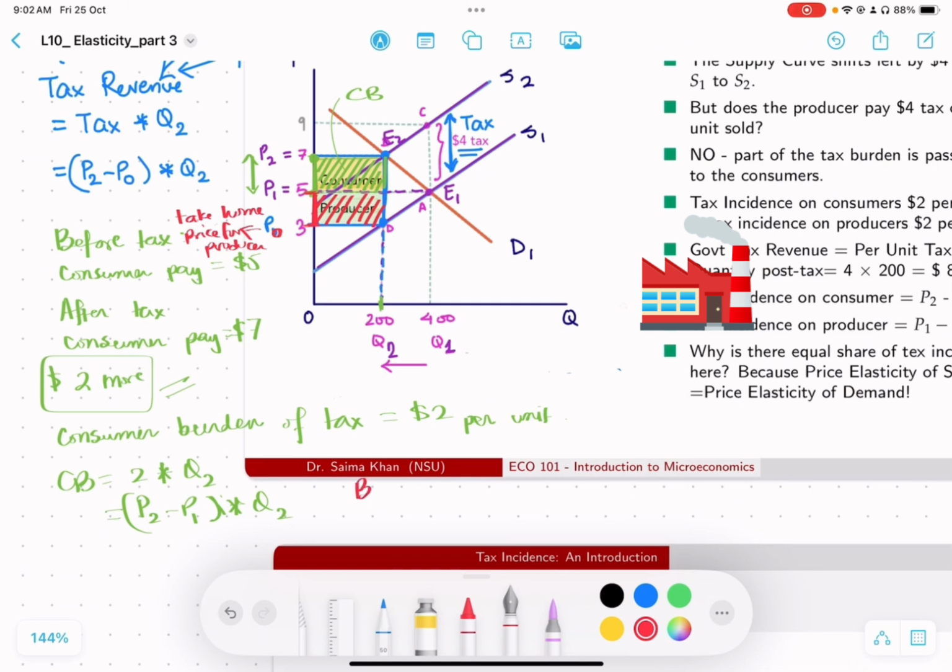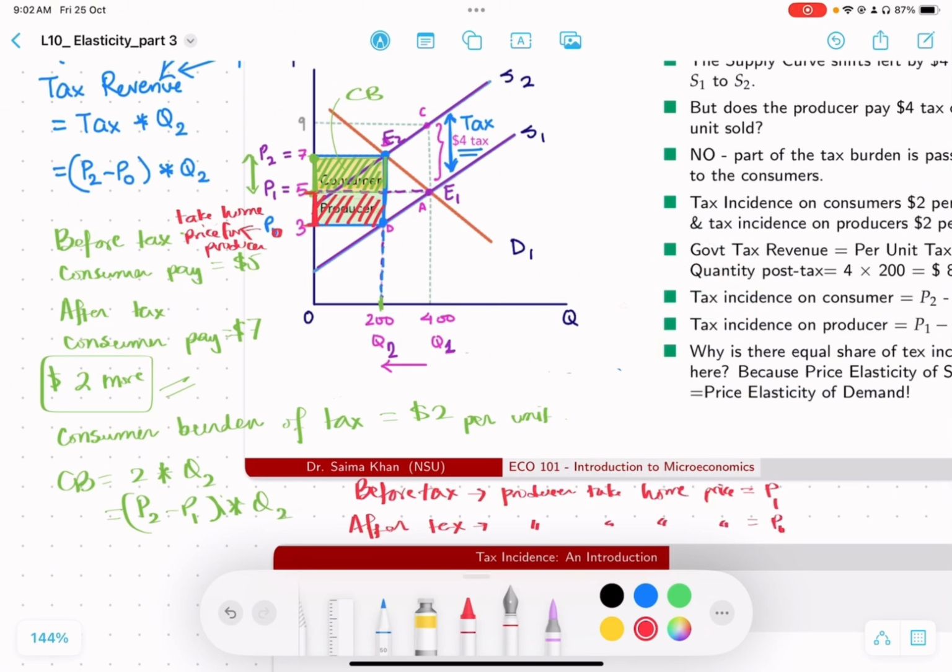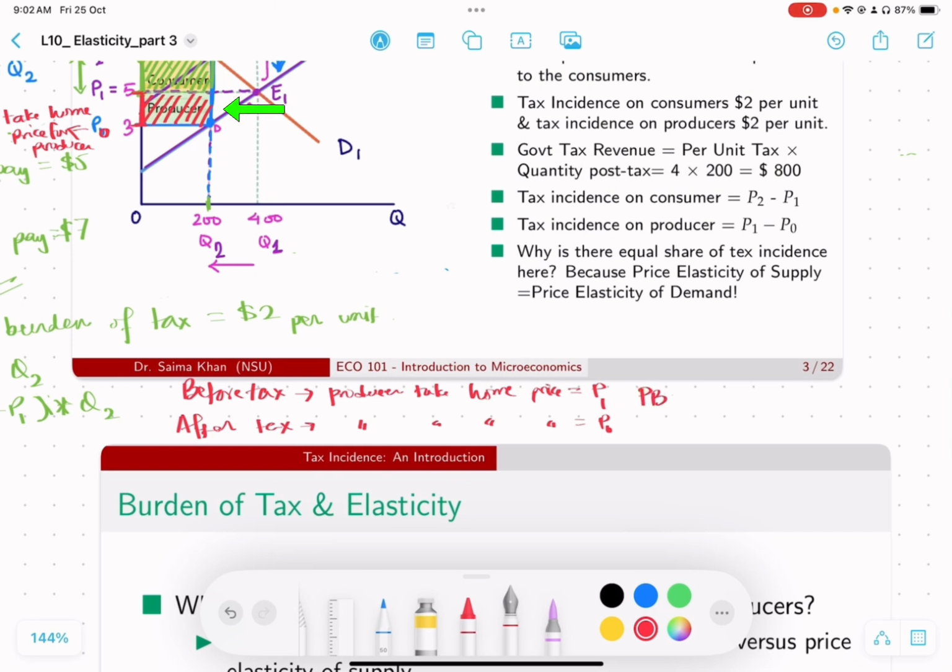Before tax, the producer's take home price was the equilibrium price, P1. After tax, the producer's take home price is P0. He's taking home a lower amount. This means the producer's burden of tax is this vertical distance, P1 minus P0, times Q2. So this is the producer burden of tax.